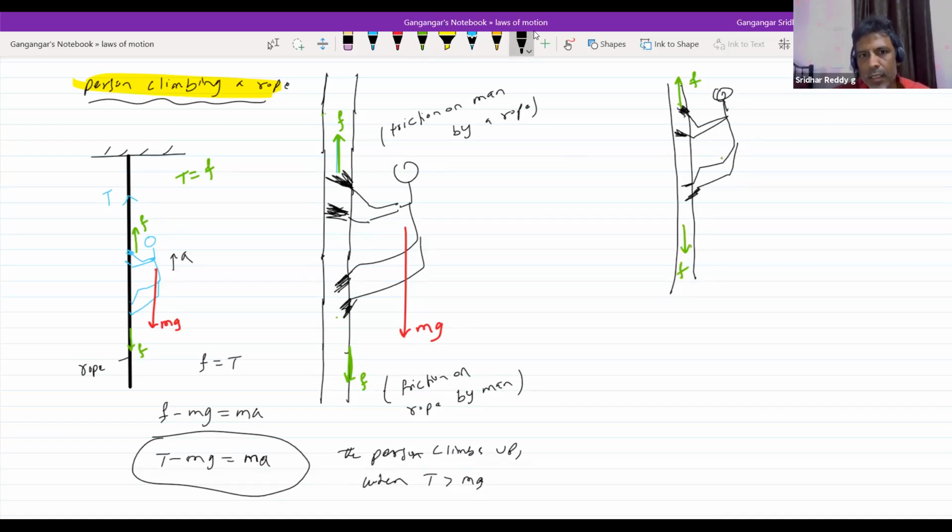This is mg. When you slide down, mg minus F equal to ma. So again, what is that F? F should be equal to T, no?